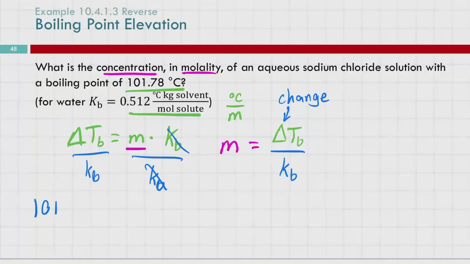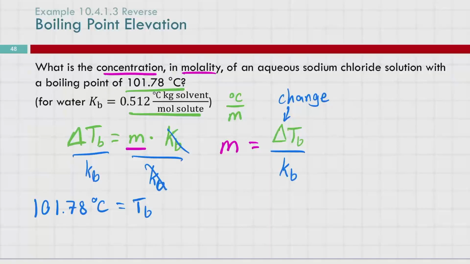If I put the decimal place in the correct spot, it looks like this. Degrees Celsius. This is TB. That's our boiling point. We want our change in boiling point. How our boiling point changed, in this case, how it went up, boiling point elevation. B for boiling.